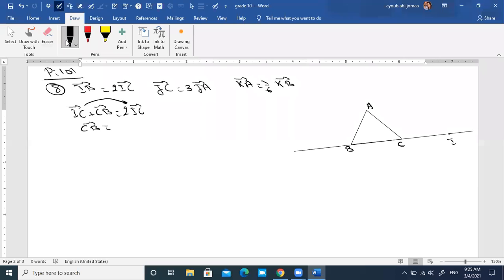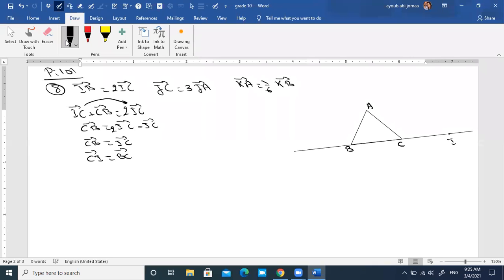Then CB is equal to 2IC minus IC, which is IC. Then CB is equal to IC. Then CI is equal to BC, the opposites.